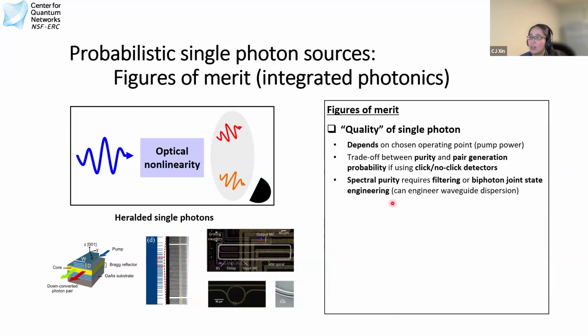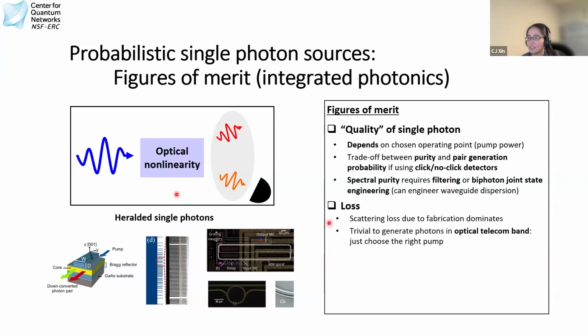Spectral purity requires filtering or biphoton state engineering, but we now have an additional knob that I showed earlier with thin film lithium niobate waveguides, where you can engineer the waveguide dispersion to change the dispersion of the propagation constants of the guided modes. In terms of loss, you have some added loss due to fabrication. Usually that's the one that dominates as opposed to material loss, but you still can generate things in the optical band.